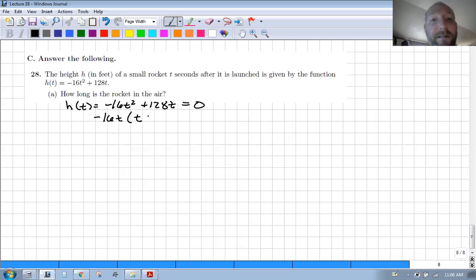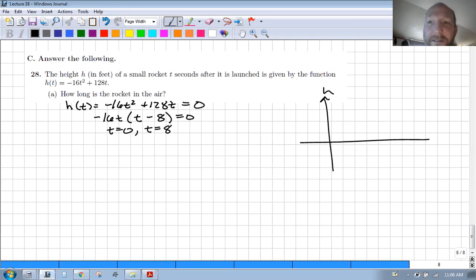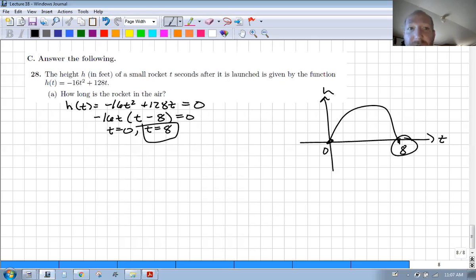We would get a t, the 128 divided by 16 is 8. So we get 2 times here, either t is 0 or t is 8, right? Well, if this is our height and this is time, at time 0 and at time 8. All right, so they want to know how long the rocket is in the air. They're looking specifically for 8 seconds, not the 0 seconds.